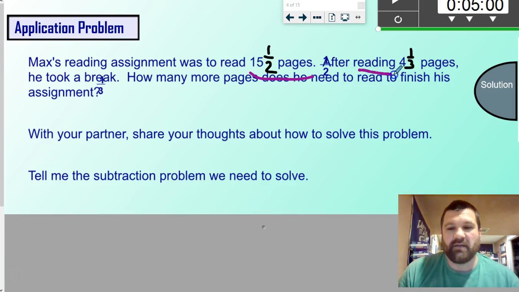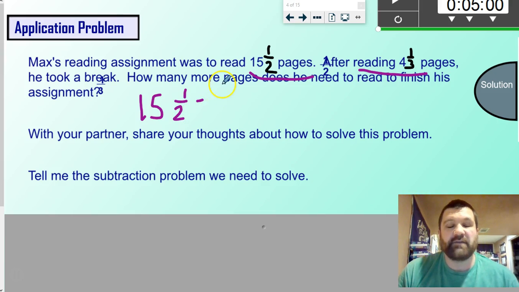And he read 4 1/3 pages. And he took a break. How many more pages does he need to finish? Okay, well, we need to read this. This is what we started with. And he reads 4 1/3.